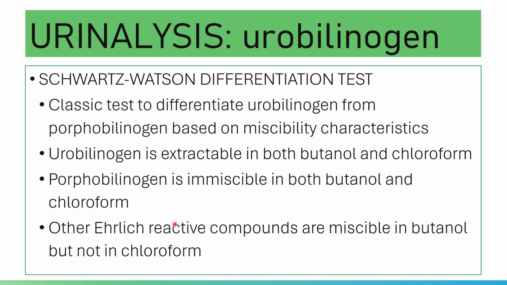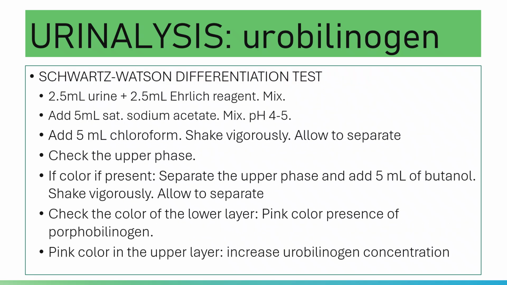Since it is more sensitive, it detects 6 milligrams per liter of porphobilinogen. We utilize this one to differentiate between urobilinogen and porphobilinogen.